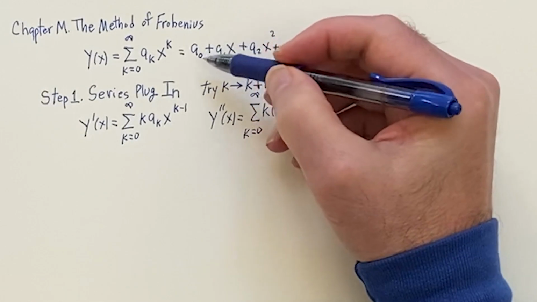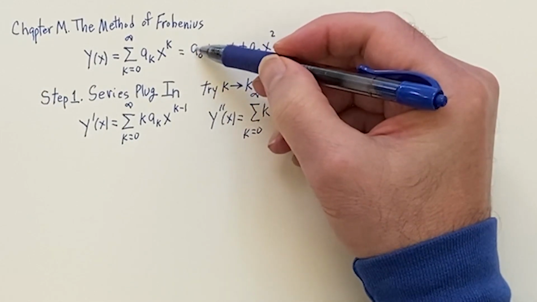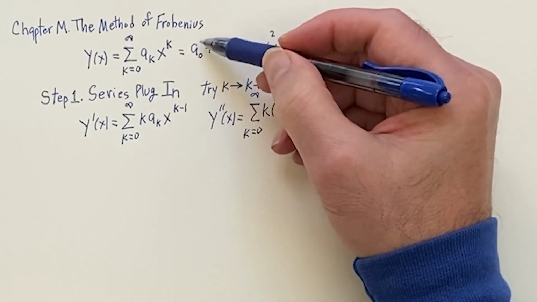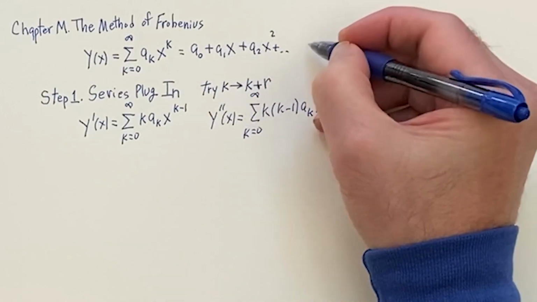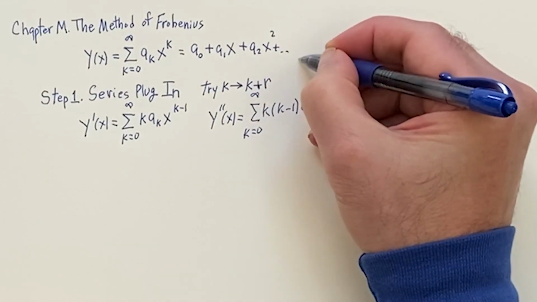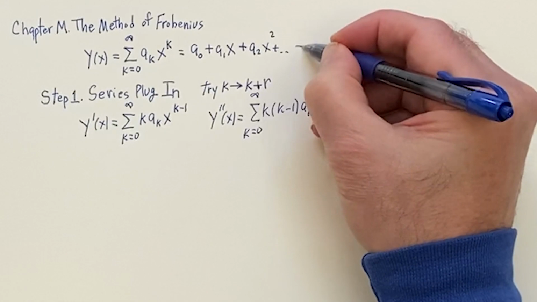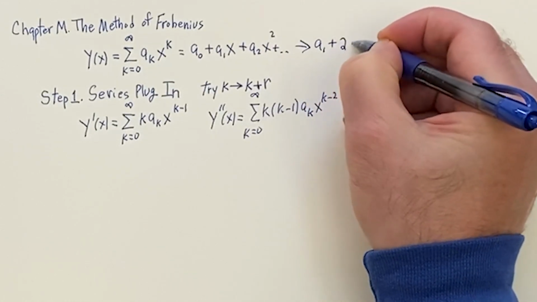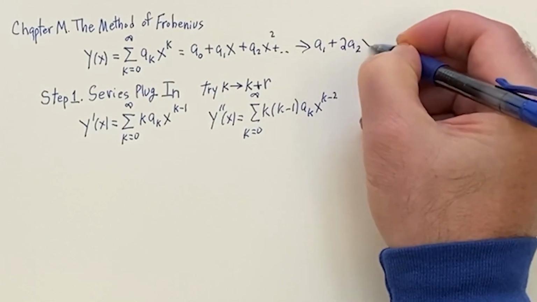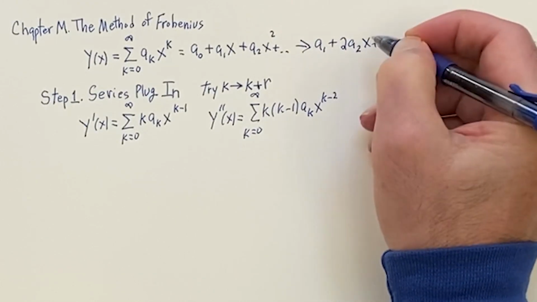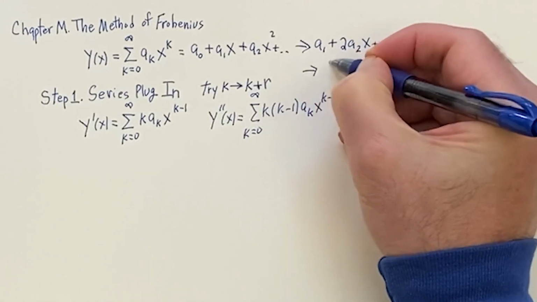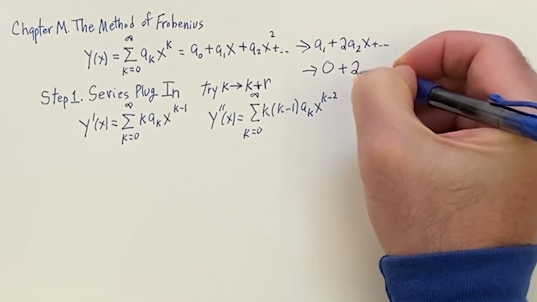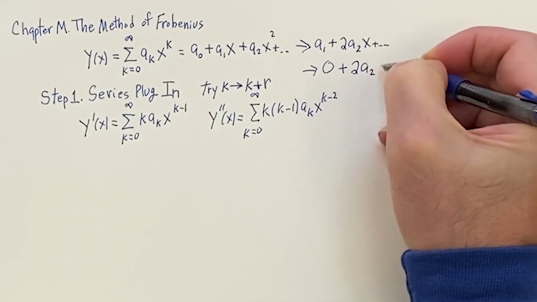And in other words, the first derivative would get you here a 0. Let's go ahead and just do that. The first derivative would get you a 0. First derivative would get you an a1 plus 2a2 x. And then the next derivative would get you a 0 there plus the 2a2.